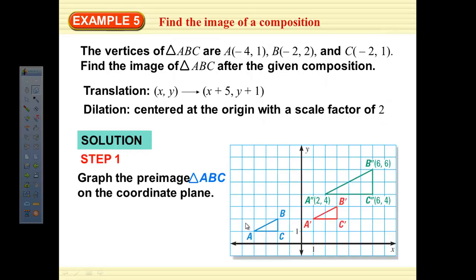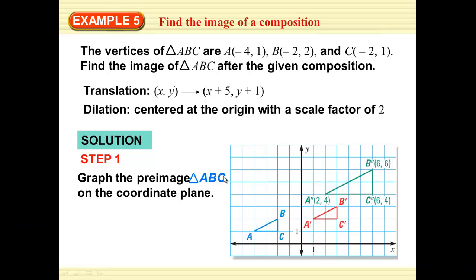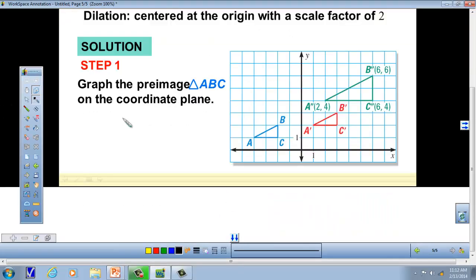So the first thing we do, if I was to draw the original here, okay, what we've done is we've just moved it to this spot. And the way we did that is by looking at the original.